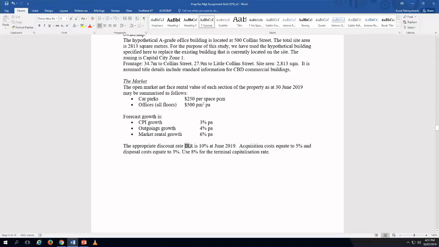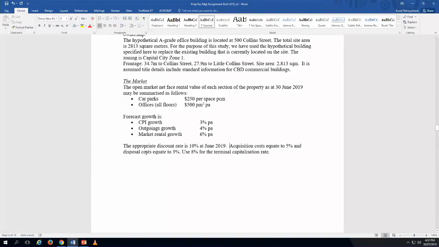So I would say the appropriate discount rate is 10% at June 2019. Acquisition cost equal to 5% and disposal cost equal to 3%. Use 8% for the terminal capitalization rate. Acquisition cost equal to 5%: when you buy the building, you have to pay 5% for legal, stamp duty, agent fees and everything.